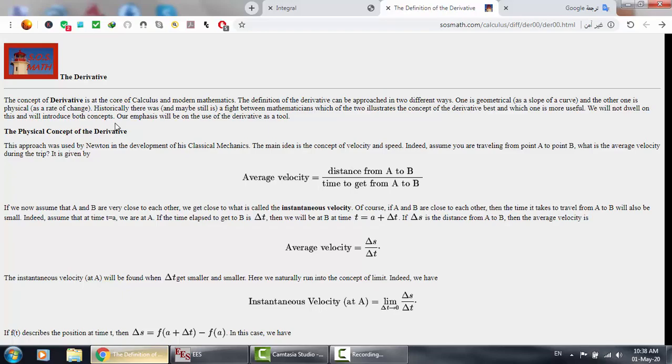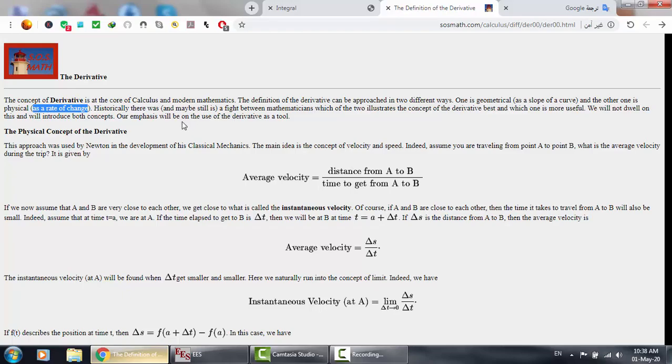And the other one is physical, yes, the rate of change. So this is the physical. Geometrical is the slope of a curve. So if you have a curve and you get the slope of it at a specific point, this is the derivative, or the rate of change of y with respect to x. This is the derivative.